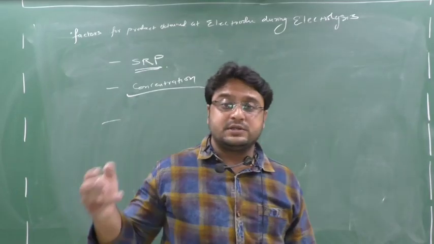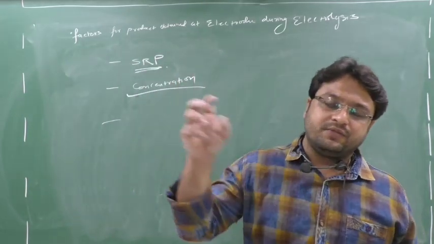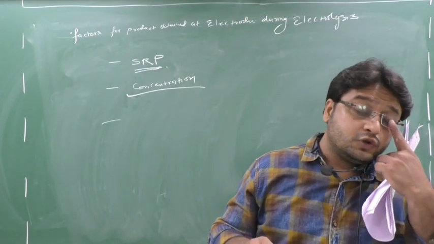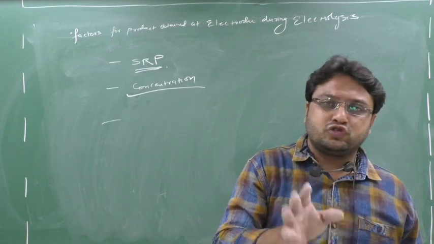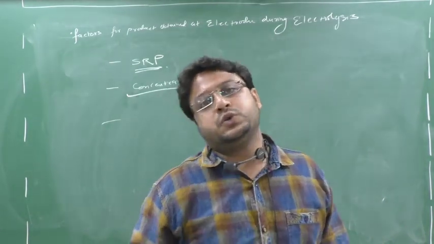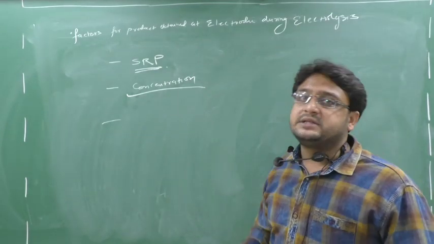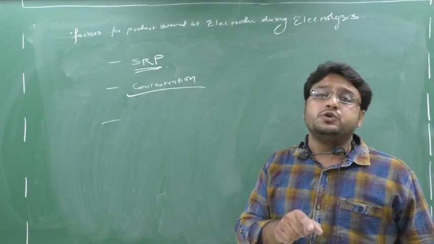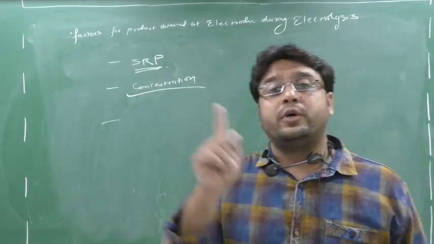The third factor, see here. In the previous question, I took a platinum electrode. Somewhere I have taken a graphite electrode. Platinum and graphite electrodes are nothing but inert electrodes, so they will not undergo oxidation and reduction. They just provide a space for that oxidation and reduction. But in today's class, I took an aqueous solution of CuSO4 using a copper electrode, and we have seen that the copper electrode is also undergoing oxidation.